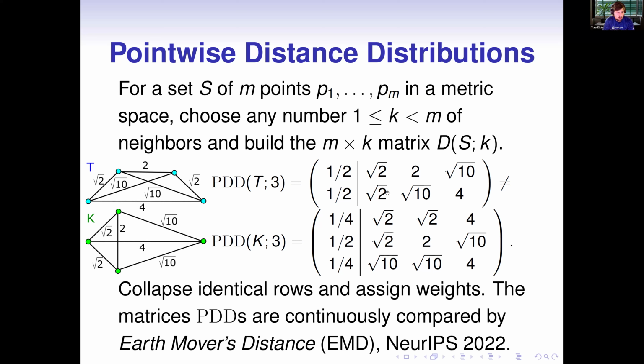So we place them as rows, and then we collapse. There are 4 vertices here, so originally this matrix had 4 rows, but because of the symmetries, we collapsed 2 rows into the same one and put coefficient half instead of coefficient 1 over 4. And this actually forms an invariant as well.